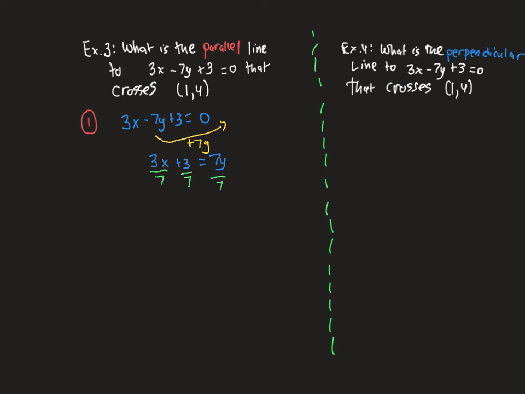And that's because this way it's easier for me to tell what my slope is, because now this is going to turn into 3 over 7x plus 3 over 7 is equal to, and the 7's cancel out, leaving me with y. So the y is isolated. And from here, it's pretty easy to see that this is my slope.